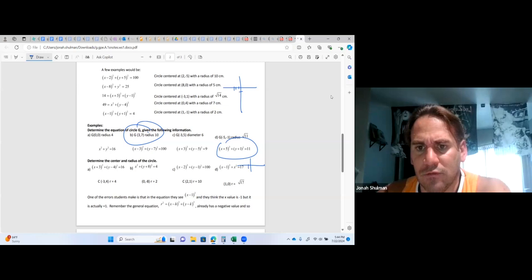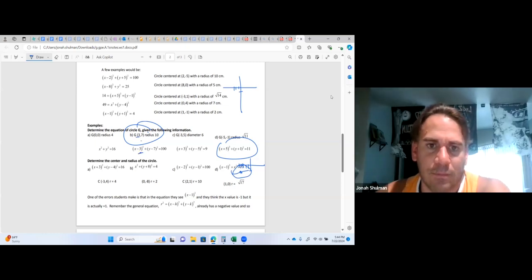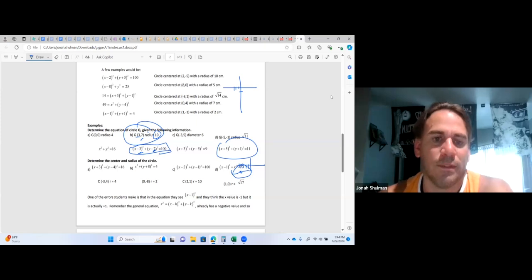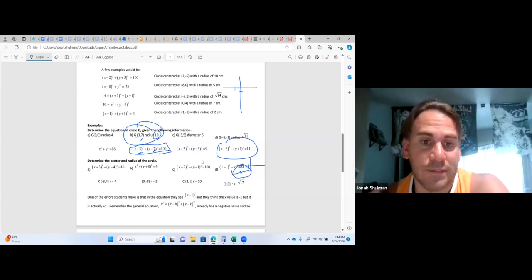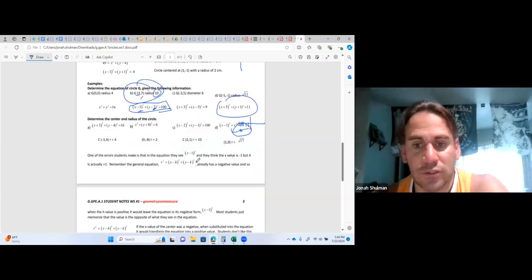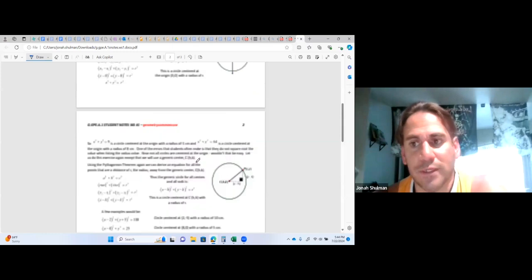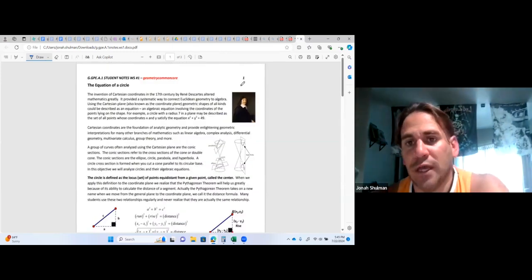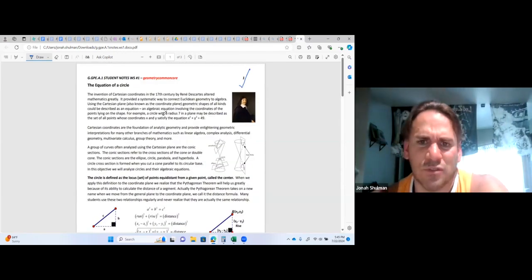So this would be -5, -1, and then a radius of square root of 11. So it's always opposite, opposite, and then you square it, and that gives you the formula. Going the other way, it's opposite, opposite, square root, and then you can draw any circle from an equation. I just want to show you that. Showing who makes this is always really nice.